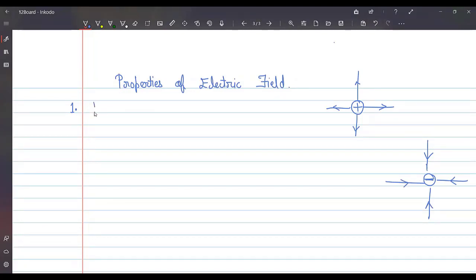So we write the first property as: electric lines of force originate on positive charge and terminate on negative charge.